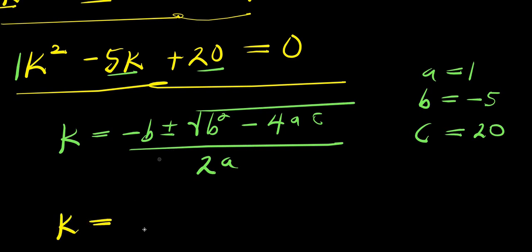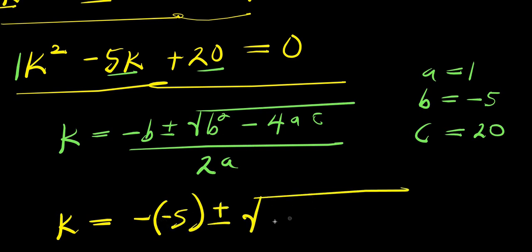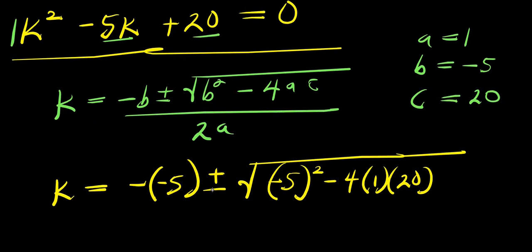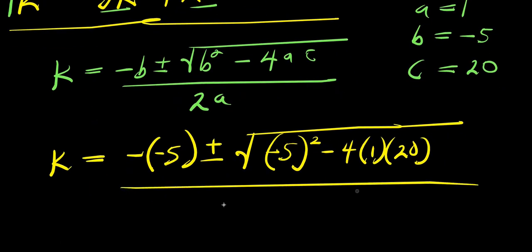have k equals negative b, that is negative times negative 5, plus or minus square root of b squared. We have negative 5 to the power of 2 minus 4 times a, that is 1, times c, that is 20. And this is divided by 2 times a, that's 2 times 1.